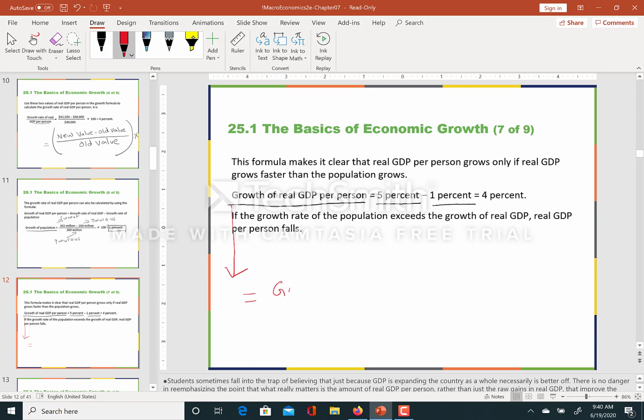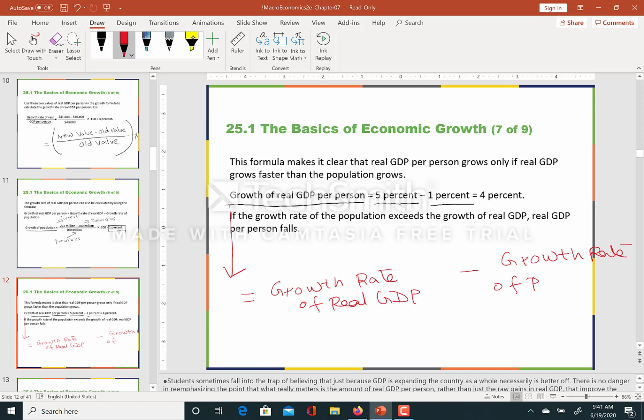This is equal to the growth rate of real gross domestic product, from that we subtract the population growth rate.